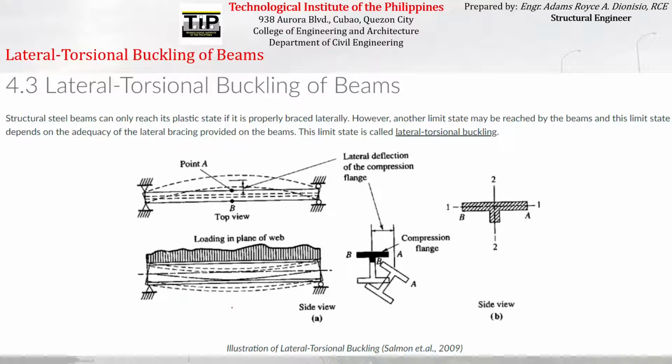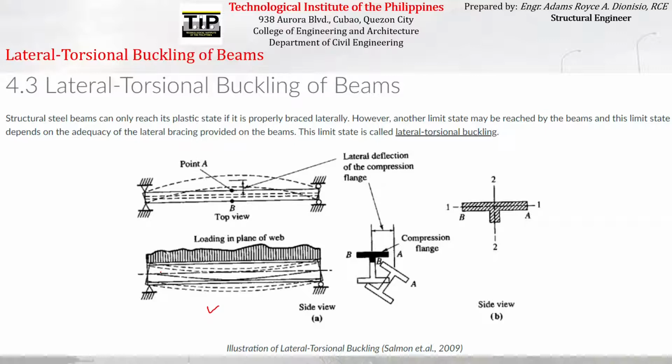So suppose we have a steel beam here. This is the side view or elevation view of the beam, and say for example, it is resisting a transverse load, which is loaded in the plane of the web. So if you can just imagine what will happen to the beam if we apply a transverse load there, it will be experiencing bending like this.